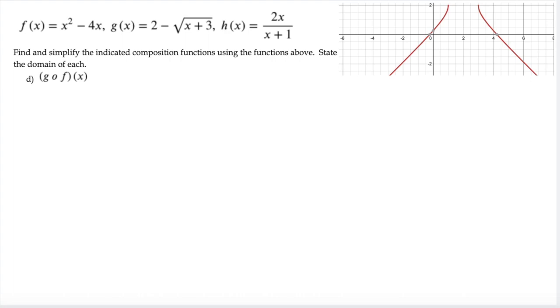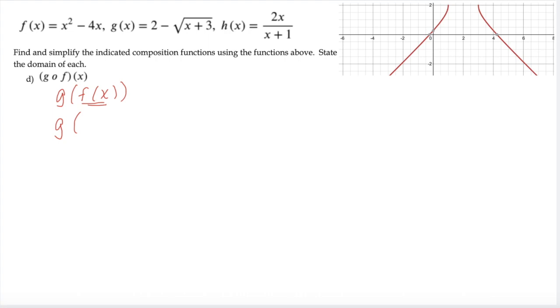So in part D here, we have g of f of x. So I'm just going to rewrite it in the alternative way, if this is helpful for you. So ultimately, I'm looking for what is g of my f of x function. So this time we don't have a value to substitute in. We're substituting the entire function itself.